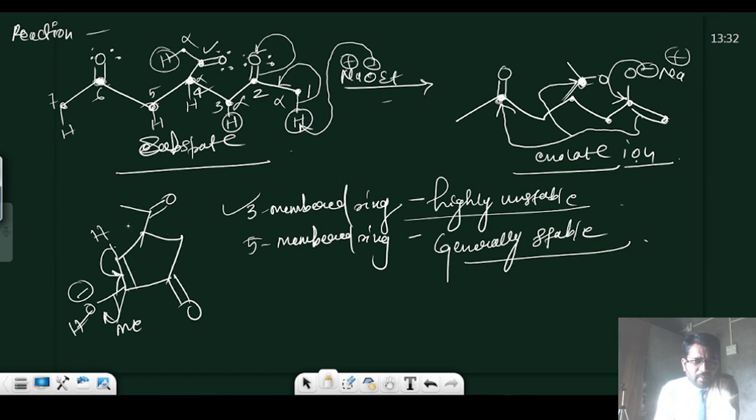In the 5-membered ring, this is an sp2 center and this is also an sp2 center, two sp2 centers. That means this ring is having angle strain.